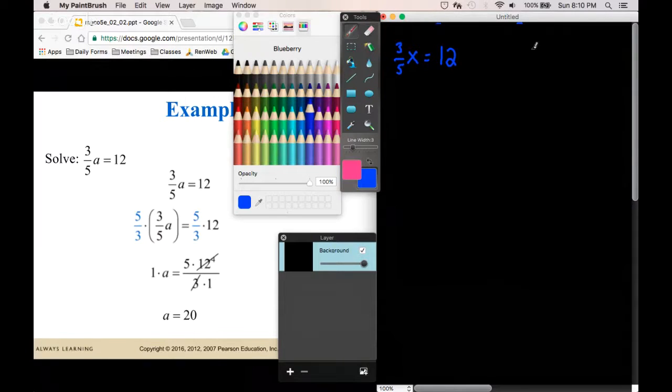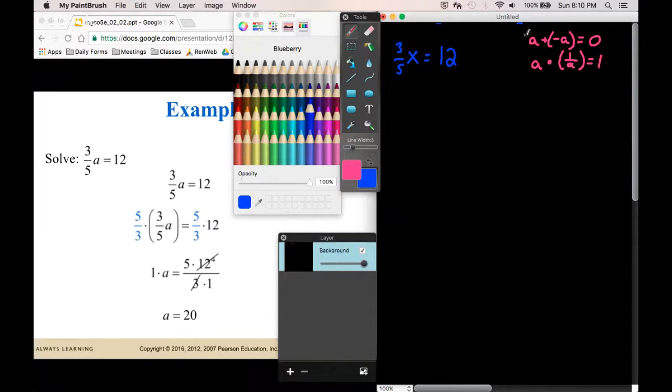And when you're dealing with a fraction, remember the identity properties of addition and subtraction and of multiplication. We're using the identity properties when we're doing this. With the identity properties of multiplication, you're looking for a value that equals 1.